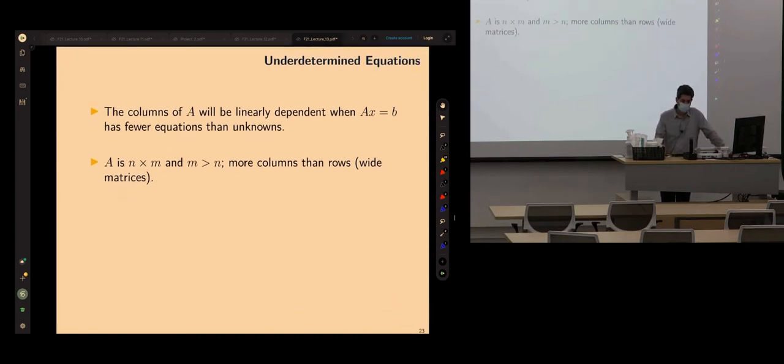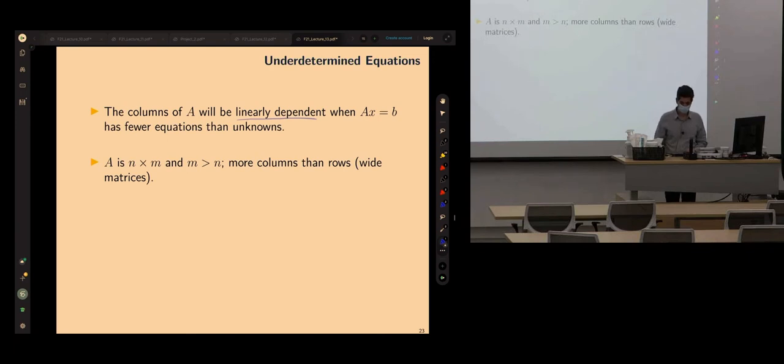So if we have fewer rows than columns, fewer equations than unknowns, then A has columns that are linearly dependent, because we have a missing equation, and then there are arbitrary choices, and that can generate basically an infinite number of solutions.